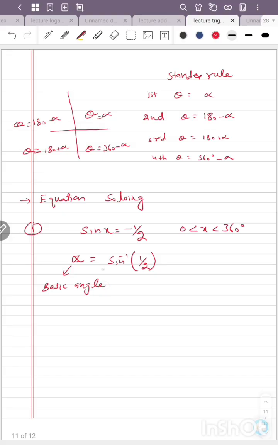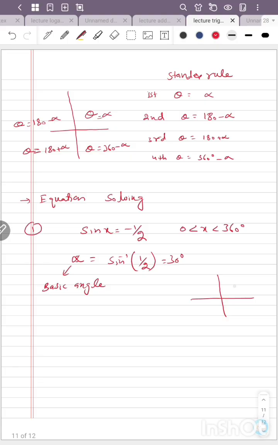This is our basic angle, and here sine inverse 1 by 2 will be 30 degrees. Now we have to just ignore the minus. Why are we ignoring the minus? Look this way. This minus tells us in which quadrant sine is negative.